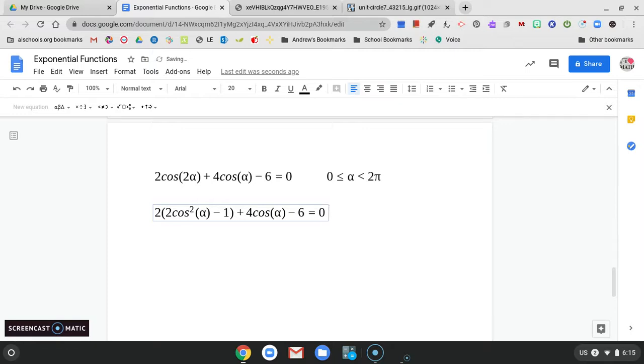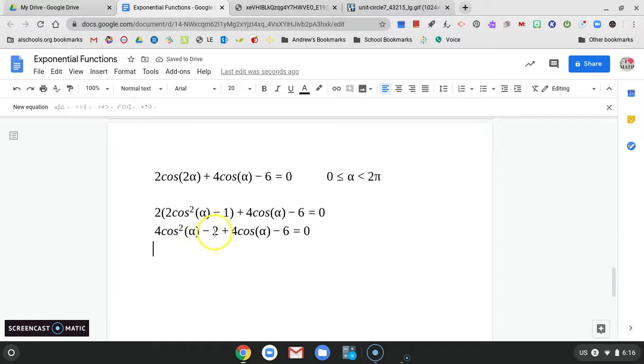Equals 0. All right, so I made that substitution for the double angle identity. I'm going to distribute through those parentheses. And you might be able to see where this is going since I mentioned the polynomial idea earlier. I can type it up here, minus 6 equals 0. And by combining like terms, I'm going to combine the minus 2 and the minus 6 together.